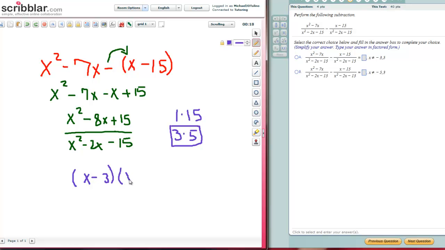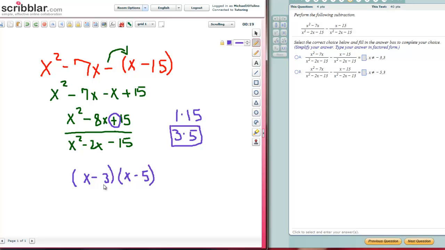Now I know it's that way because if you take a look here, the last sign is positive, and if this last sign is positive, I know that my factors are going to have the same sign. They can both be positive or both be negative. The main reason is that negative 3 times negative 5 is positive 15.